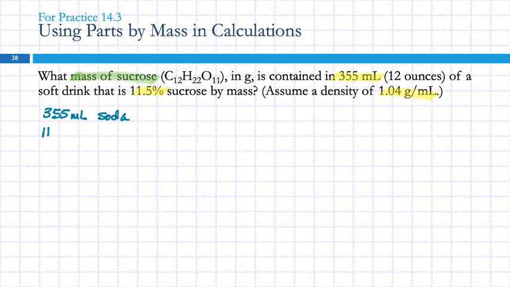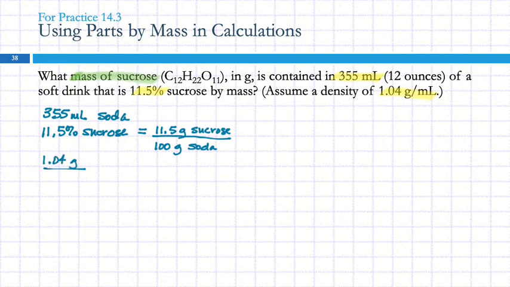And I've got 11.5% sucrose by mass. So that means 11.5 grams per 100 grams. So 11.5 grams of sucrose per 100 grams of soda. And then I'm also given a density, 1.04 grams per milliliter.